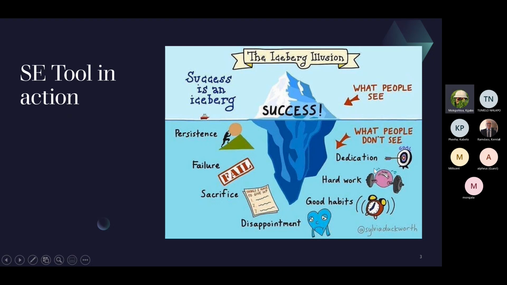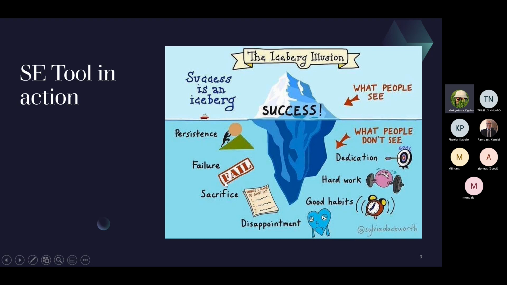They don't see the hard work that you have to put in. They don't see the good habits, for instance, being punctual and timely, and also having room for disappointments, because in life you won't necessarily get what you want. Issues of sacrifice and failure.